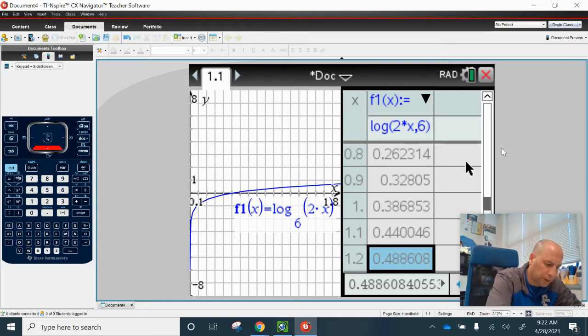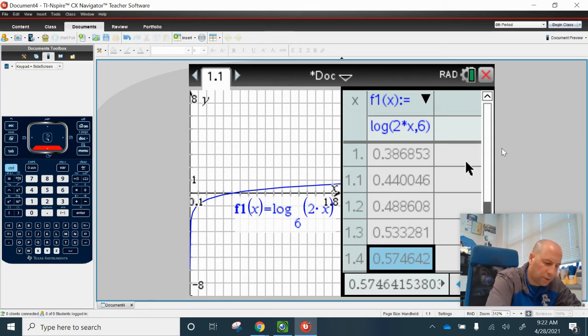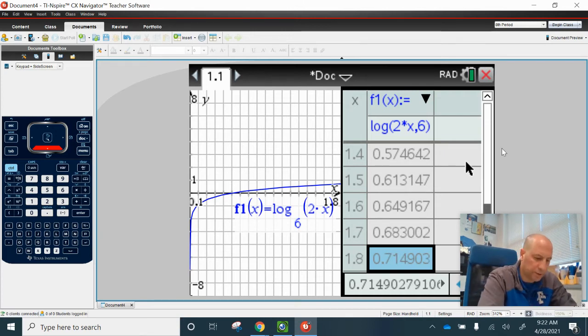1.2 is 0.48. And again, we're just approximating these points. 1.3 is 0.5. 1.4 is 0.57. 1.5 is 0.6. 1.6 is 0.6. 1.7 is 0.68. And 1.8 is 0.7.